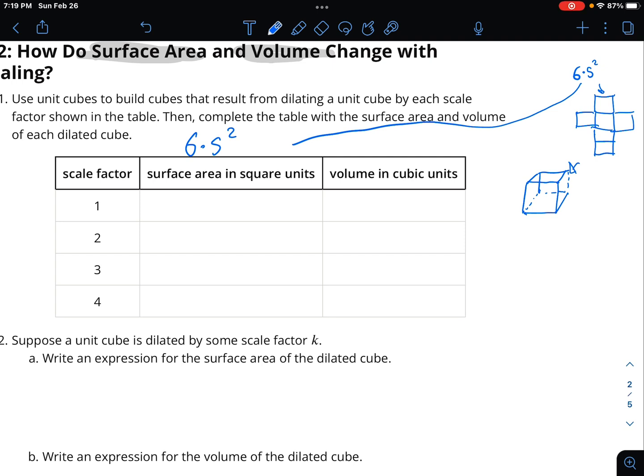As for the volume of the cube, I'm going to leave this part to you guys. First, if we take the volume, we take 1, 1, 1. And so 1 times 1 times 1 quite literally gives us 1. As for the second part, however, we're taking a scale factor and we have to multiply every single one of these by k.